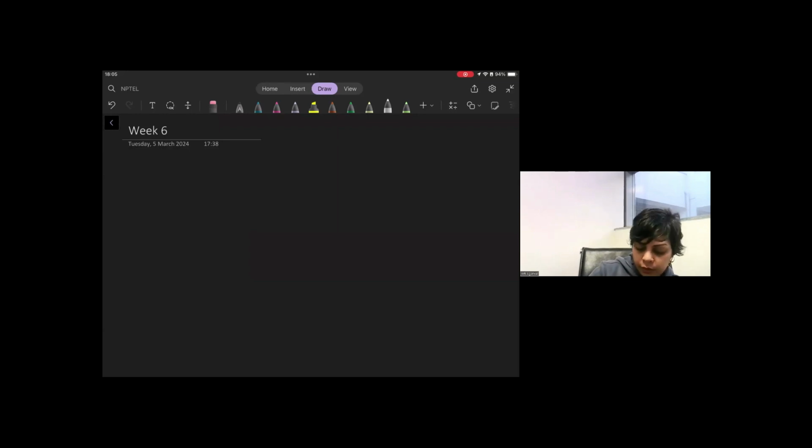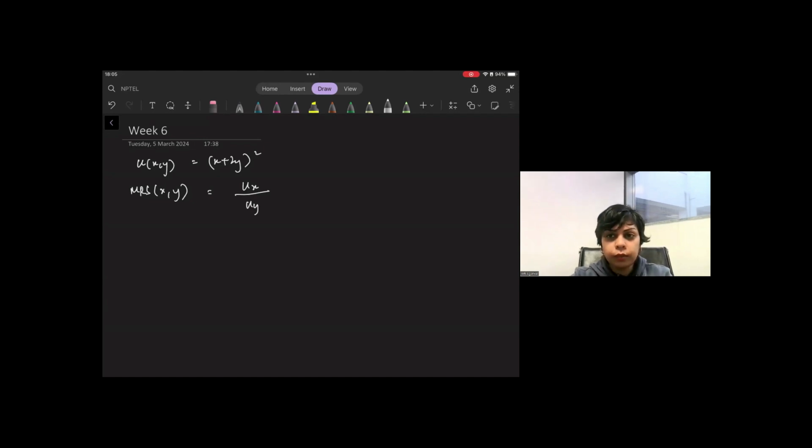Basically, what we are given is u(x,y) is equal to (x plus 2y) whole square. What we need to do is calculate MRS of x comma y, which means ux by uy, where the subscript denotes the partial derivative.